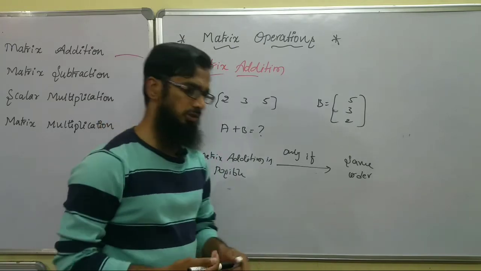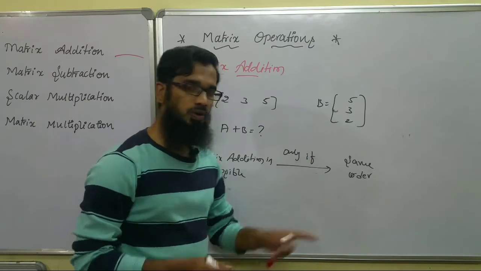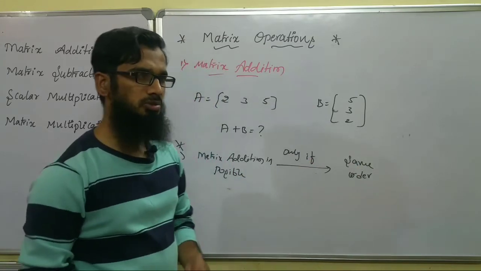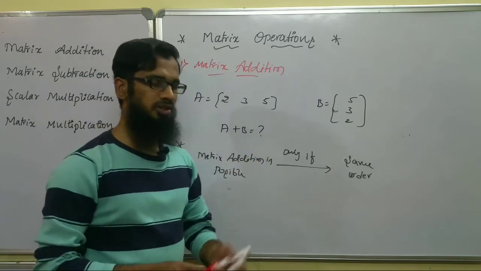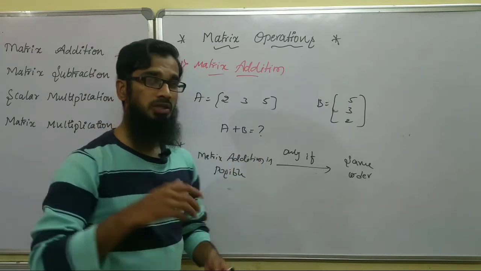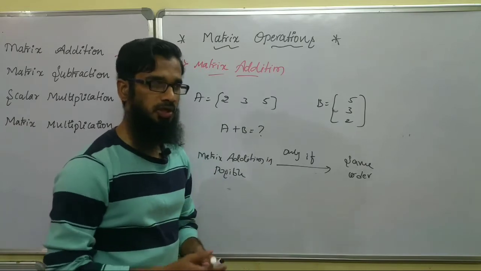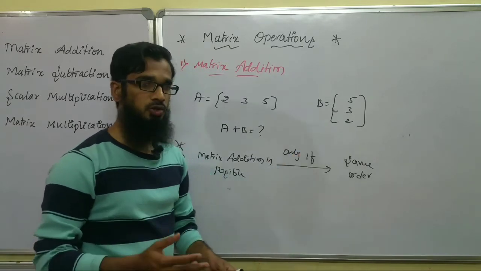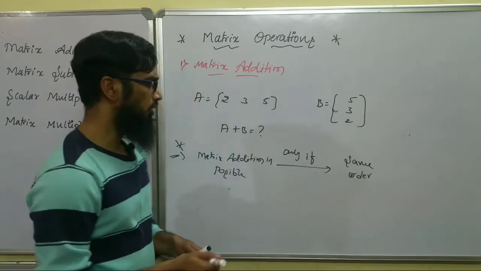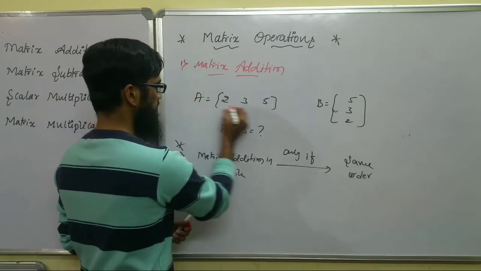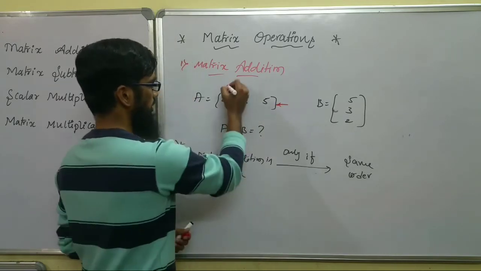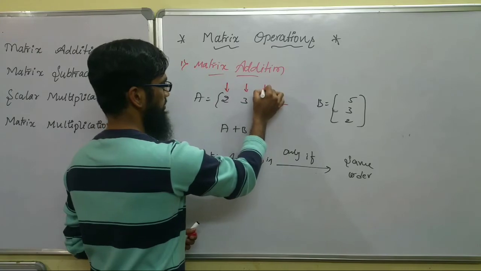Matrix addition is possible only if they have the same order, meaning both matrices should have the same order. Let us find the order of matrix A and the order of matrix B. If it is the same, then we can add the matrices. In matrix A there is only one row, and there are three columns.